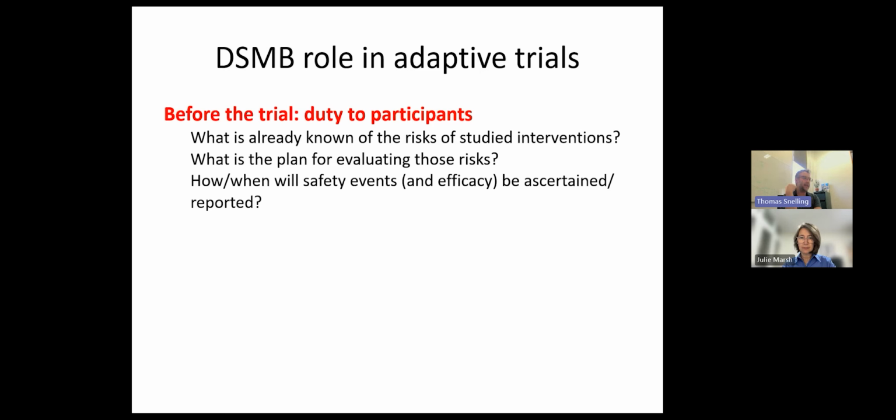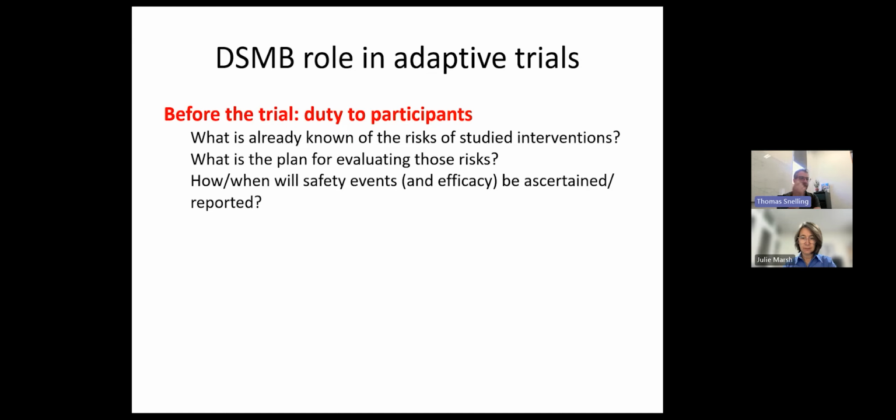How and when safety events will be ascertained and reported, but importantly, also how will efficacy be reported, and when will it be reported? Because assessments of safety almost always need to also consider and be balanced against evidence of efficacy.